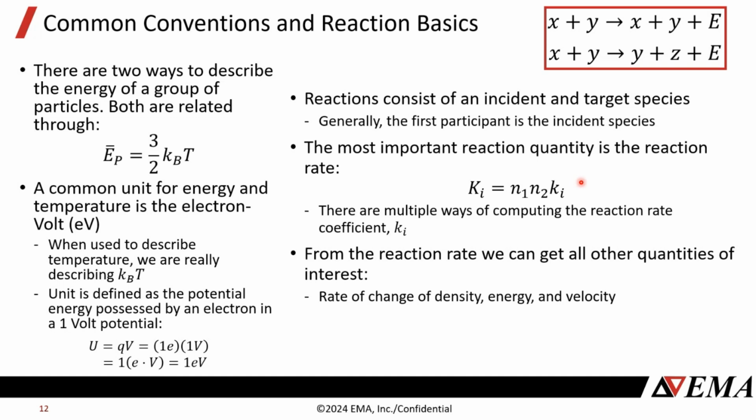And Charge Plus offers multiple ways of computing the reaction rate coefficient, depending on what reaction data the user can find and provide to the solver. And from this reaction rate, we can get all the other quantities of interest, such as the rates of change in the density, energy, and velocity.